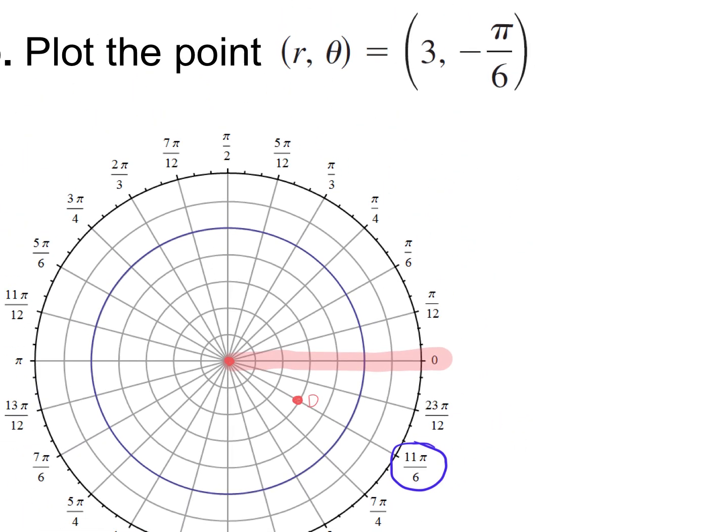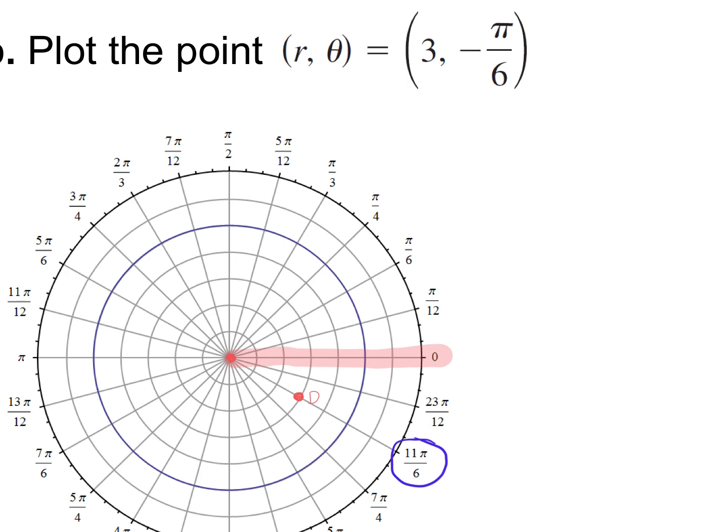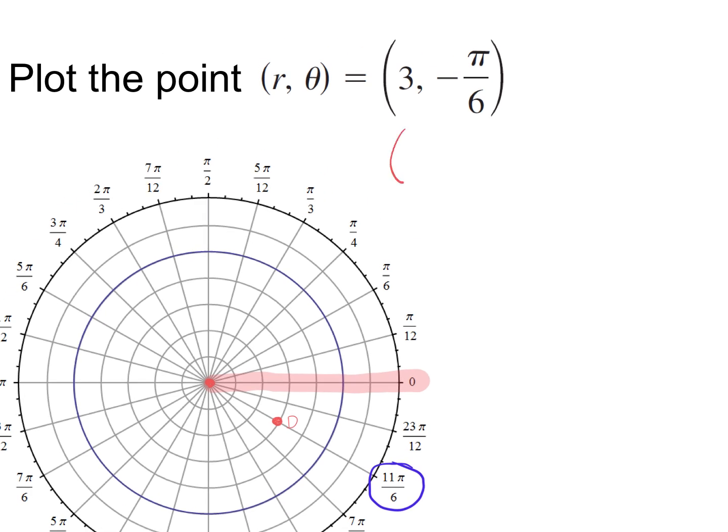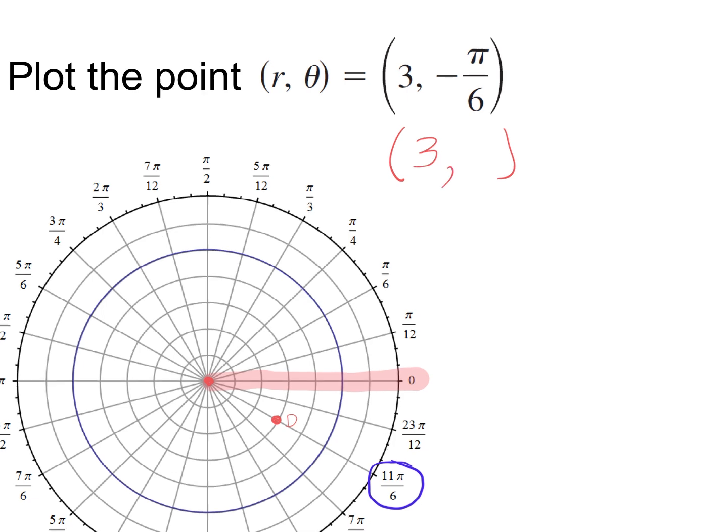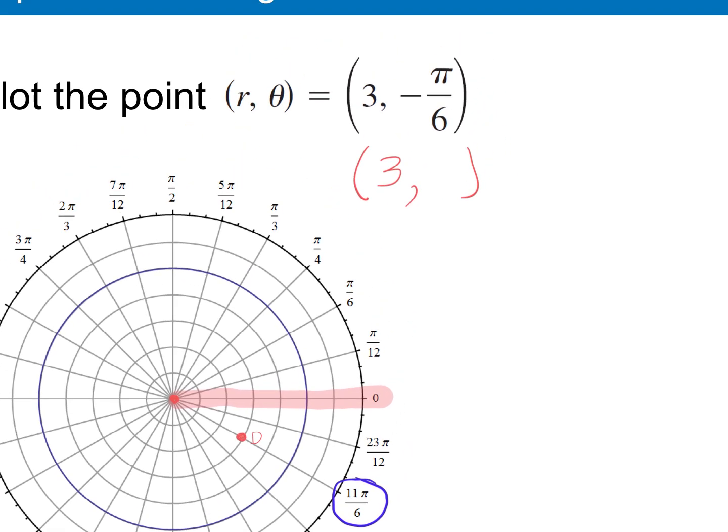So this point, 3, comma, negative pi over 6, what's another way I could name it? 3, comma, 11 pi over 6. Perfect. Very good.